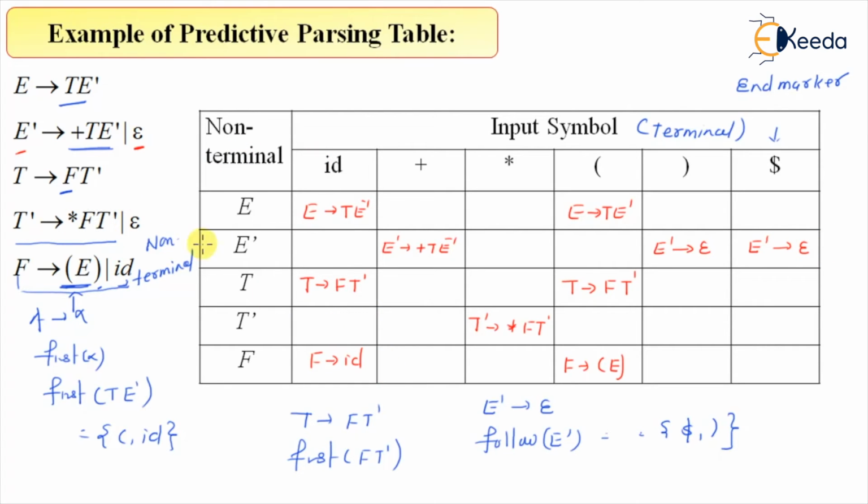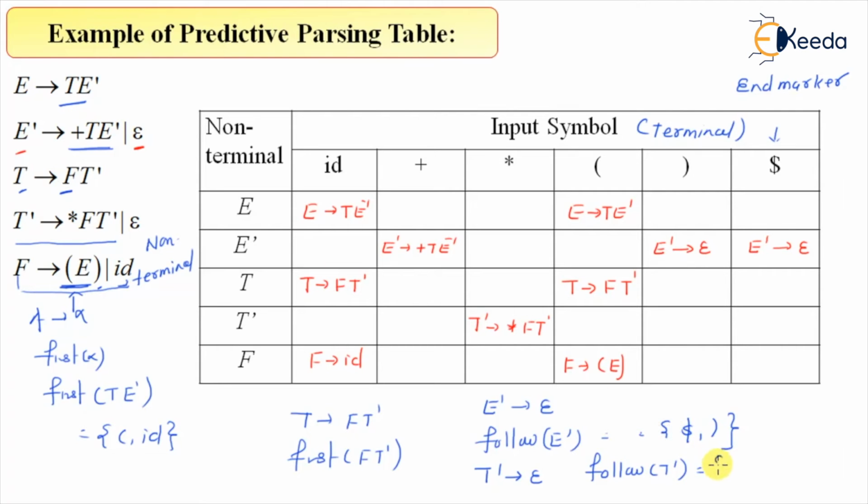The next entry is T' derives epsilon. Where will this go? It will go to Follow of T'. Follow of T' is Follow of T, and Follow of T is nothing but First of E'. First of E' is plus.